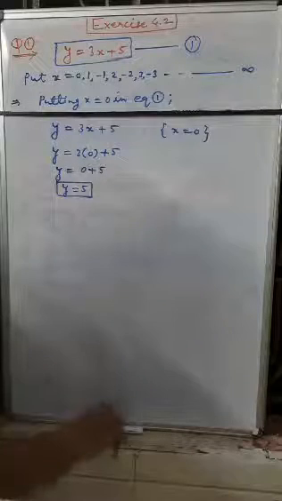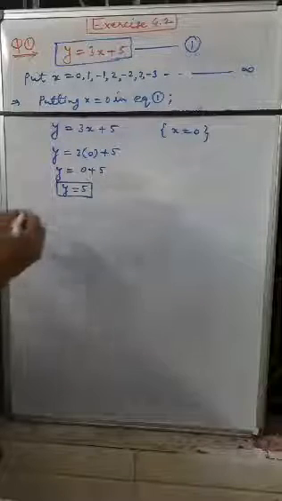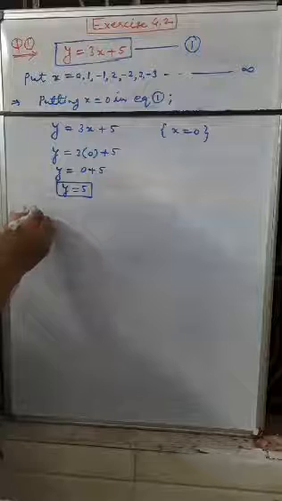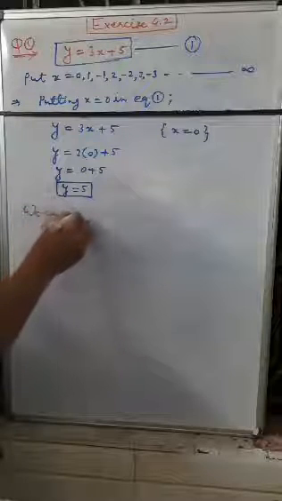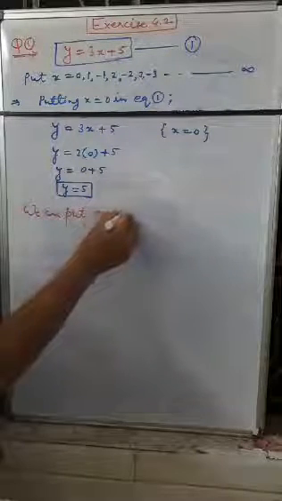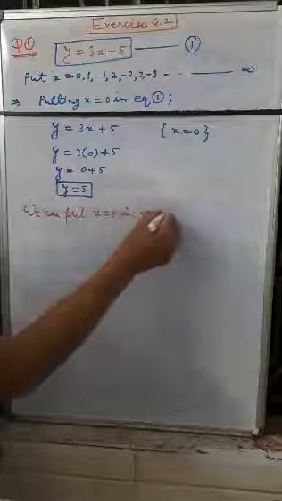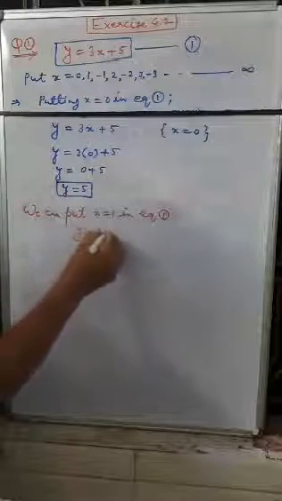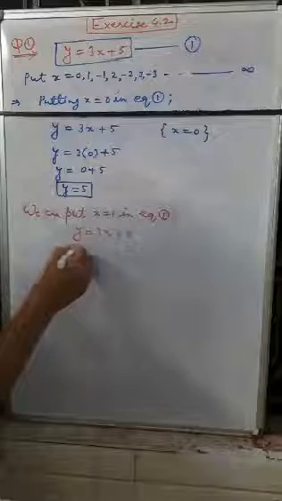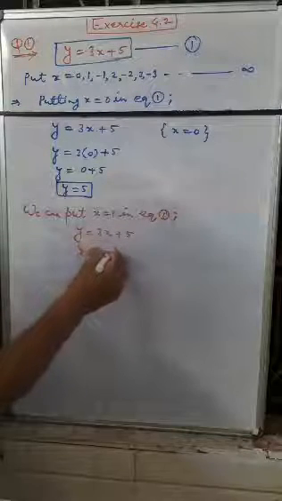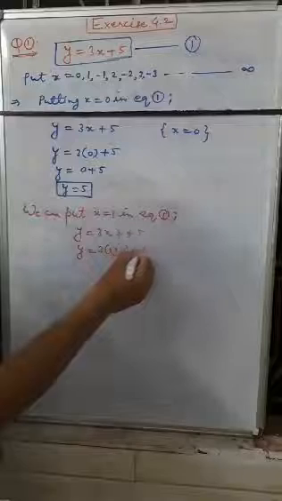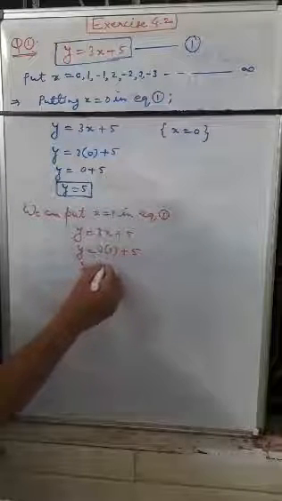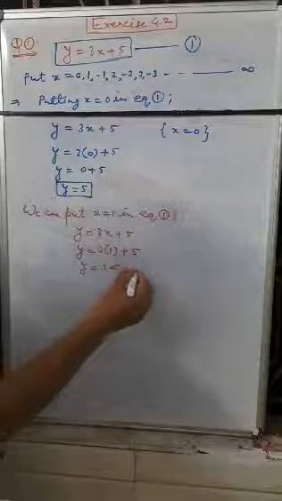Now we can also put x is equal to 1 in equation 1. The equation is again y is equal to 3x plus 5. In place of x we put 1, so y is equal to 3 into 1 plus 5, which is equal to 8.